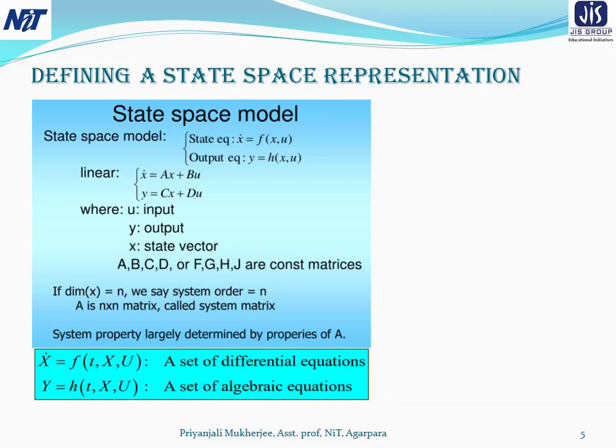This state model may be for a multiple input, multiple output or MIMO system. Here u is the input vector, y is the output vector and x is the state vector. So we can represent x dot by a set of differential equations and the output y by a set of algebraic equations.